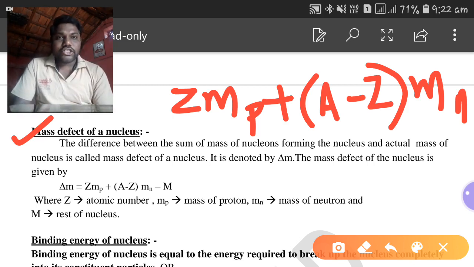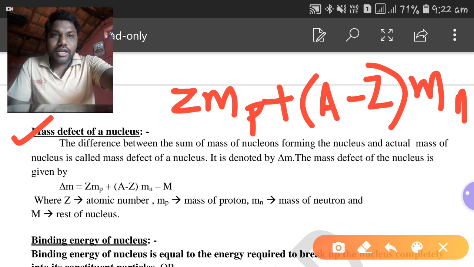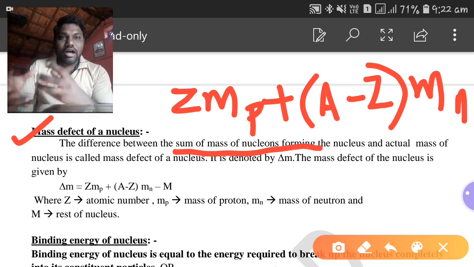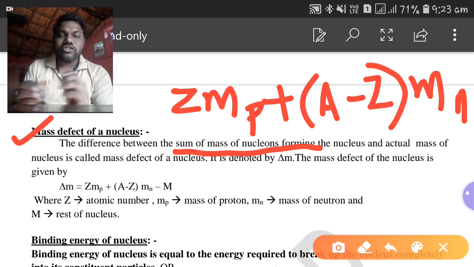Look at the definition here. The difference between the sum of masses of nucleons forming the nucleus, that is the mass of protons plus the mass of neutrons, and the actual mass of the nucleus.